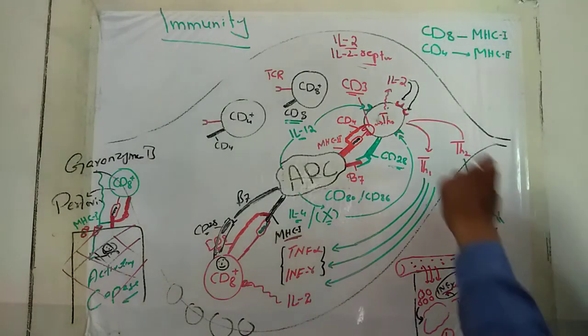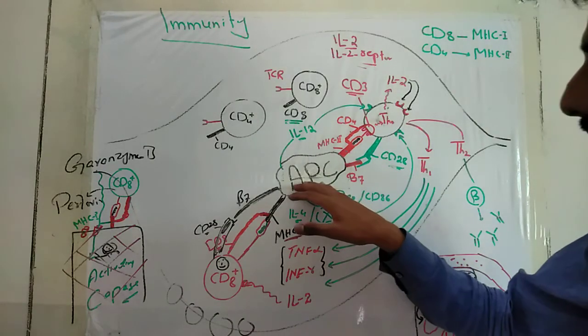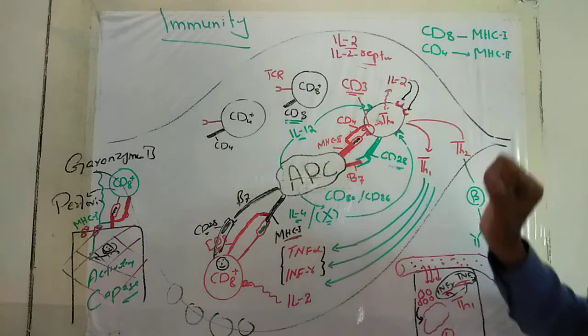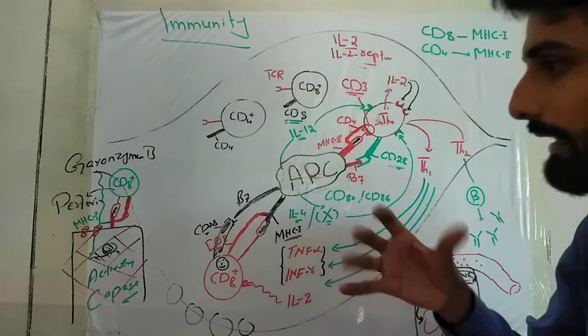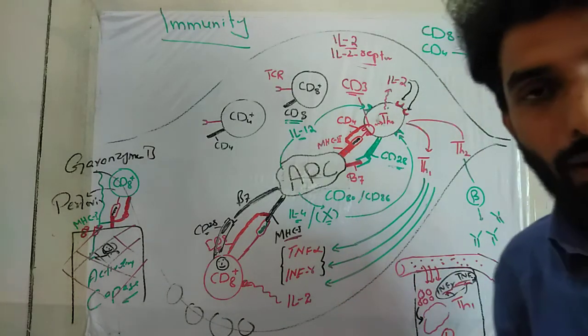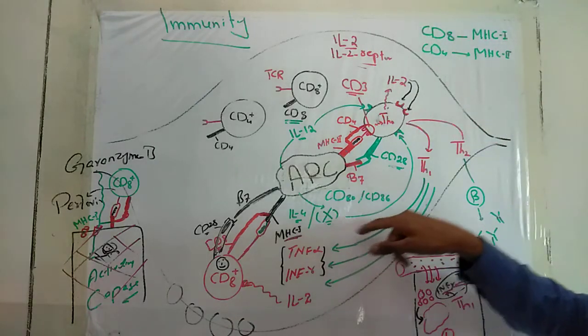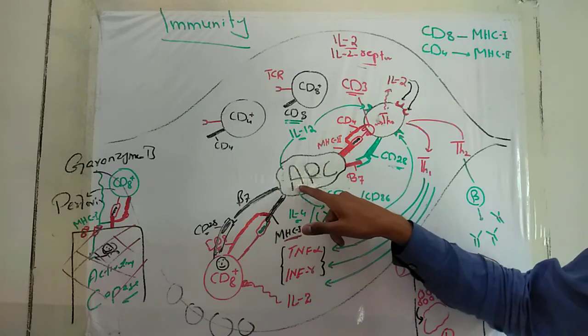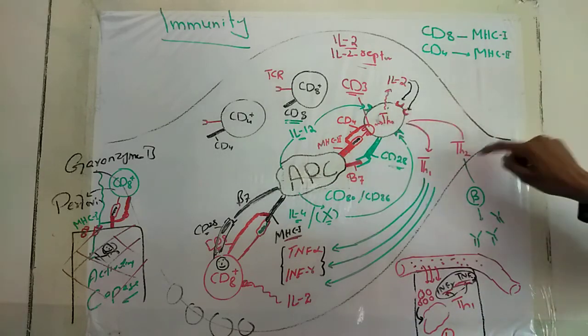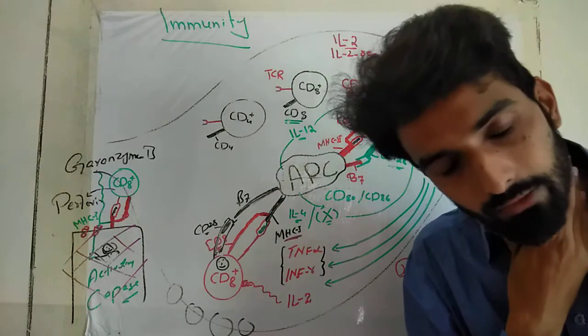Now when this APC tells this Th0 that the pathogen it has phagocytosed is an extracellular pathogen, so you need to activate humoral immunity. So with the help of cytokines, it will tell this Th0 that the pathogen is extracellular, so it will activate Th2.